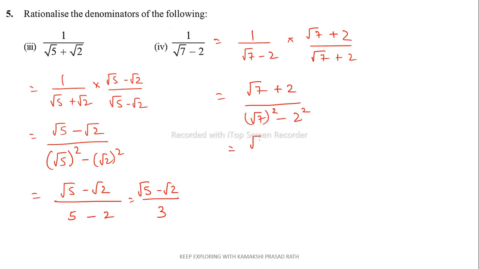We get in the denominator 7 minus 4, which is 3. So these are the solutions, the way we rationalize the denominator. What's important is just identifying the rationalizing factor, and we can easily get the answer.